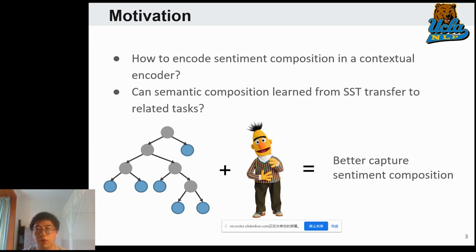On the other hand, recent popular transformer-based contextualized encoders do not explicitly model the compositional semantics. So this inspires us to study how to encode sentiment composition in a contextual encoder and bridge these two families of approaches to better capture the compositional sentiment semantics. Besides, we are also curious about whether the semantic composition learned from one sentiment dataset, like SST, can be transferred to other tasks.